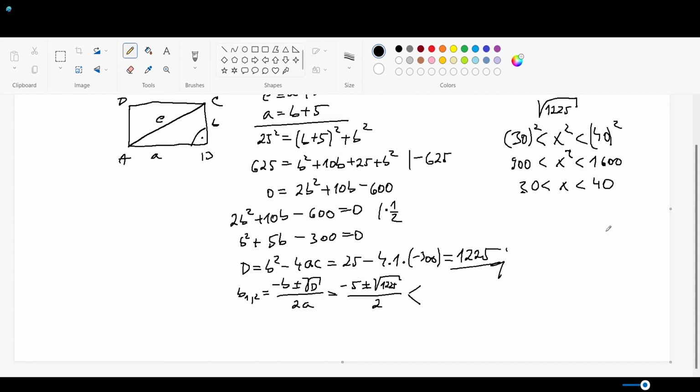Also, if we square a number and the result ends in 5, the number must end in 5, because only 5 squared gives 5 as the last digit. So there is only one probable number, and it's 35.